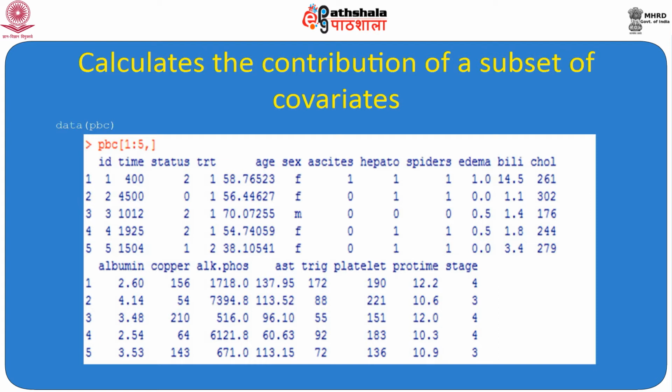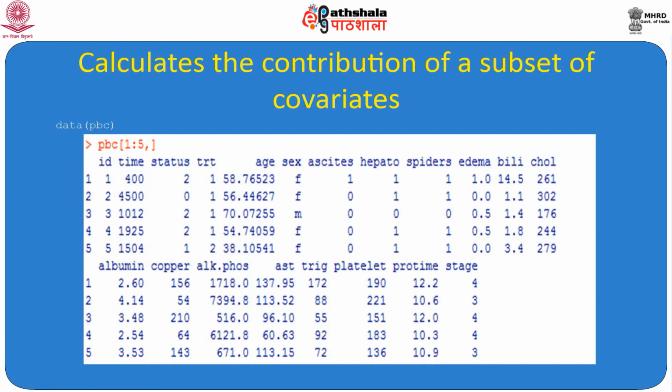And again treatment, 1 and 2 are given, what kind of treatment is given is represented by 1 and 2. Age is also given, for the first individual 58.76, second 56.44, like that. Their sex is mentioned as F for female and M for male.